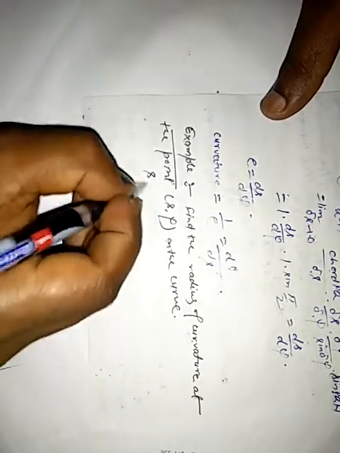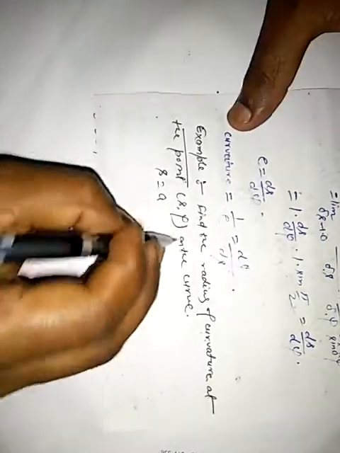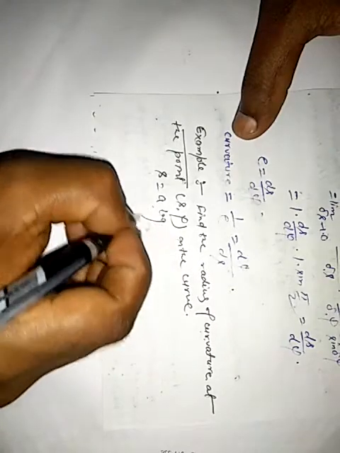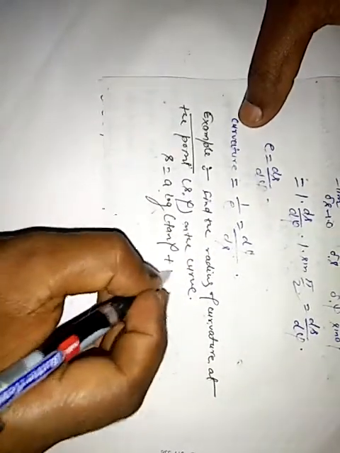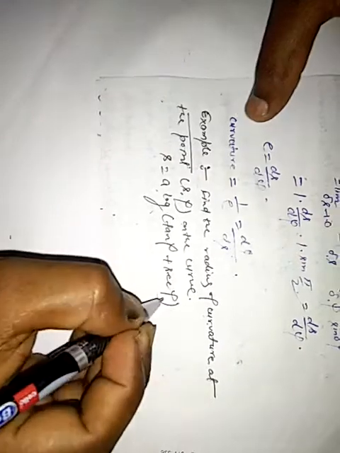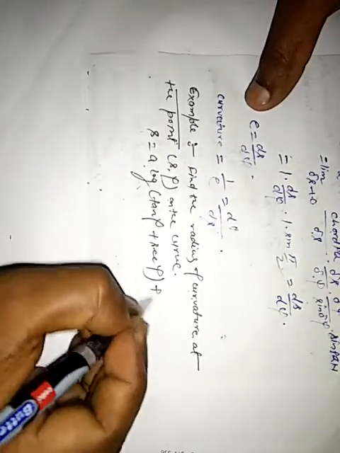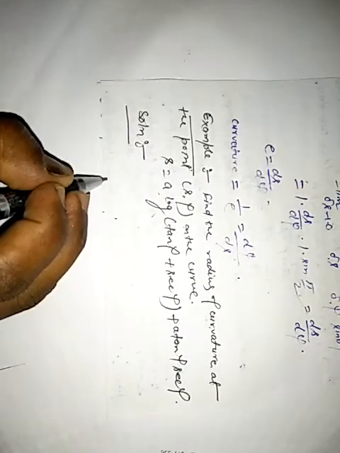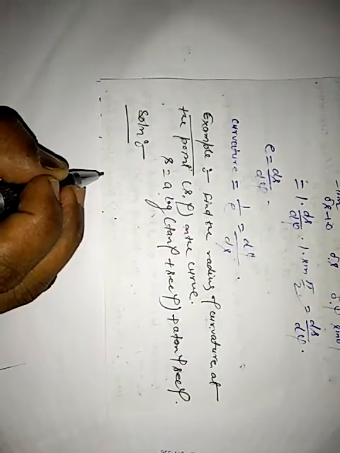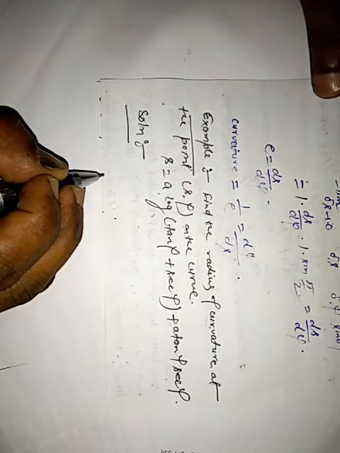The curve is given by s is equal to a log of tan psi plus sec psi, plus a tan psi into sec psi. So how do we find the radius of curvature?